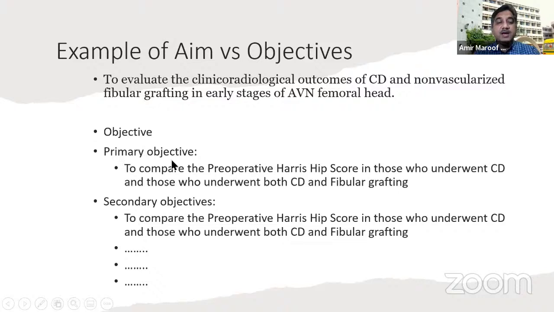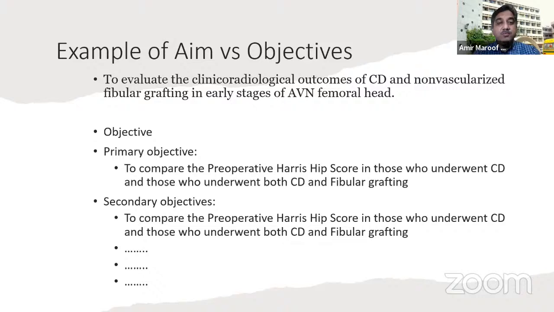When we convert it into objectives, we have a primary objective and secondary objectives. Primary objective should be only one. Keep one primary objective, and you can keep as many secondary objectives as you want, 5, 10, in certain cases it runs to 52 secondary objectives. That's the maximum that I have seen till now. But in a thesis, around 4 to 10 secondary objectives we see.